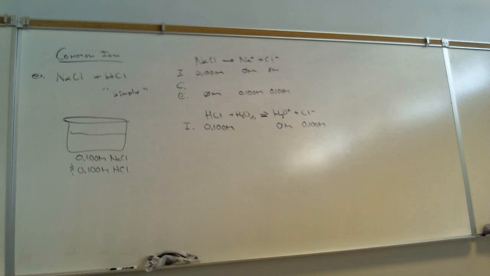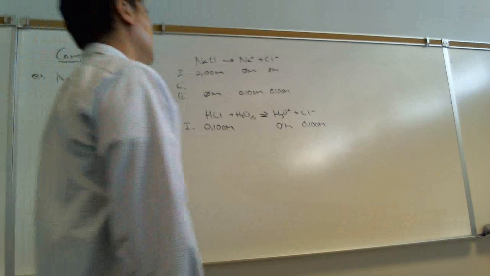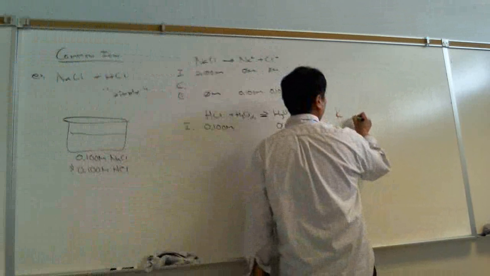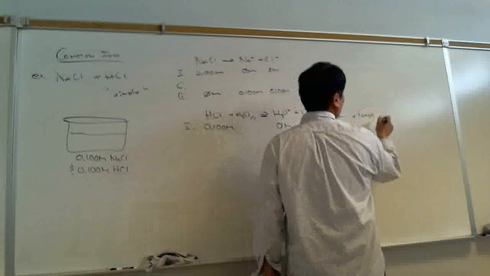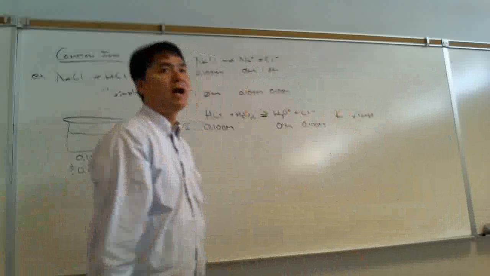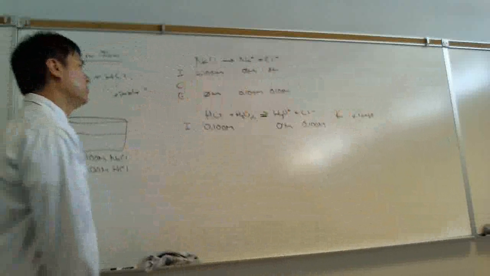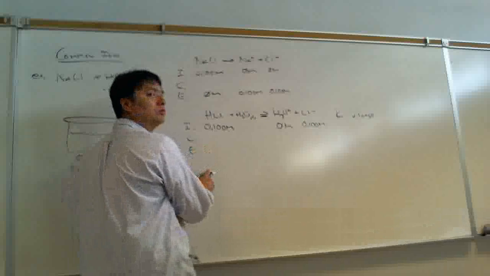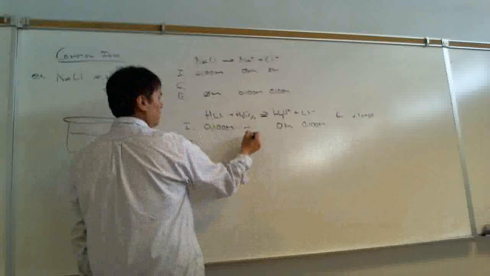Normally not, but this is different because K is very large. When we have a very large K, it's pretty much a one-way reaction. And so even if I got a whole bunch of product there to begin with, it doesn't matter, because this is going to go to completion.